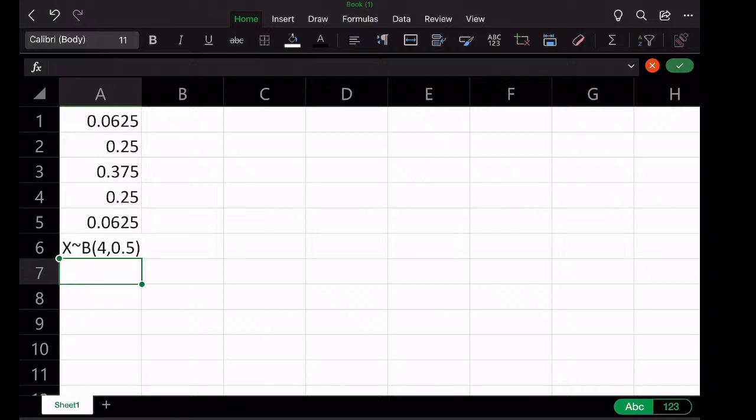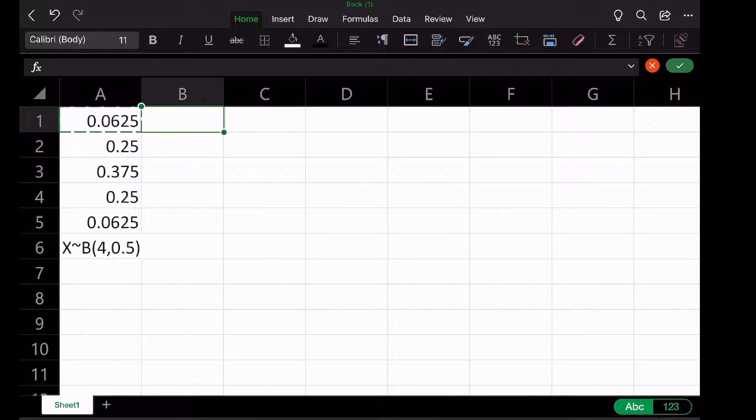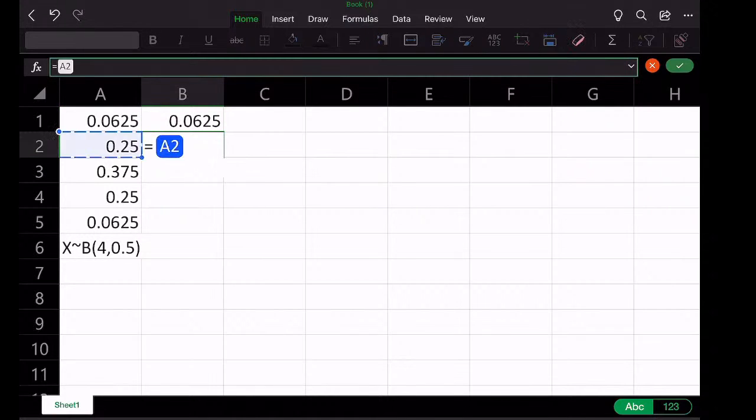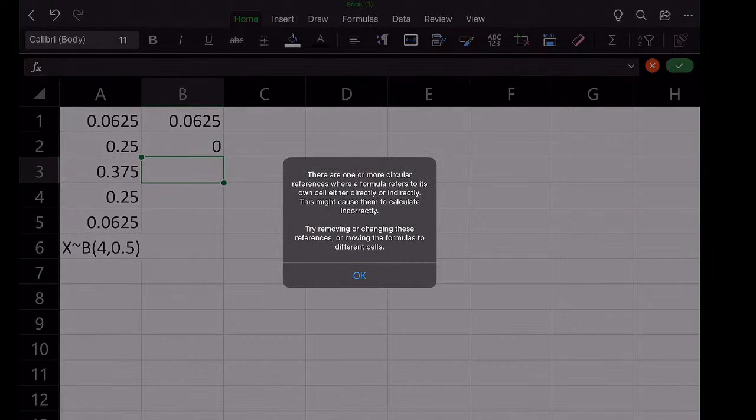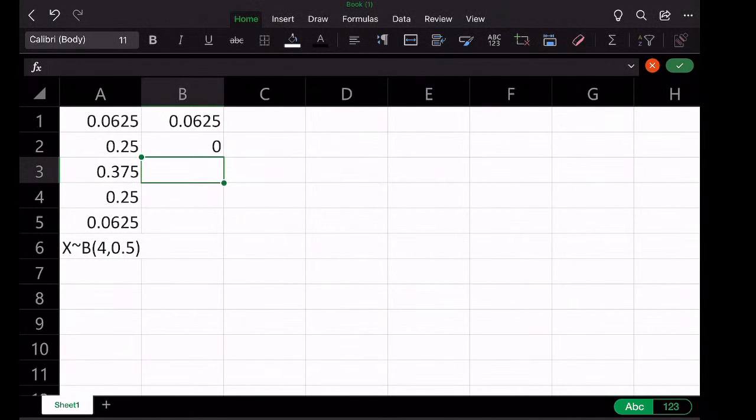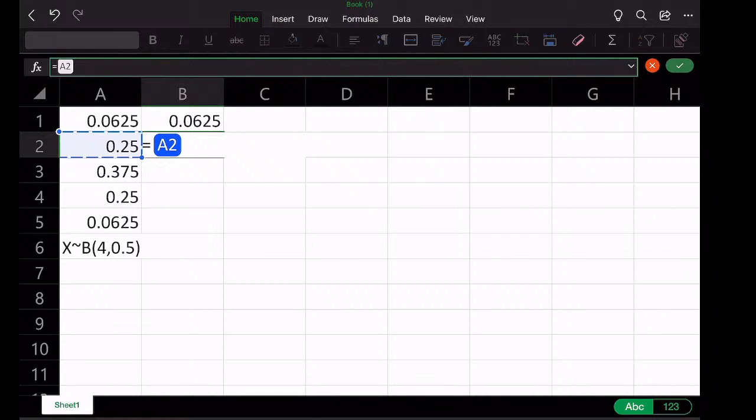Now if I did this cumulative, what I would do is take the first one and then add up this plus the first one. Oops, didn't like that. What did I do wrong? Equals this plus that.